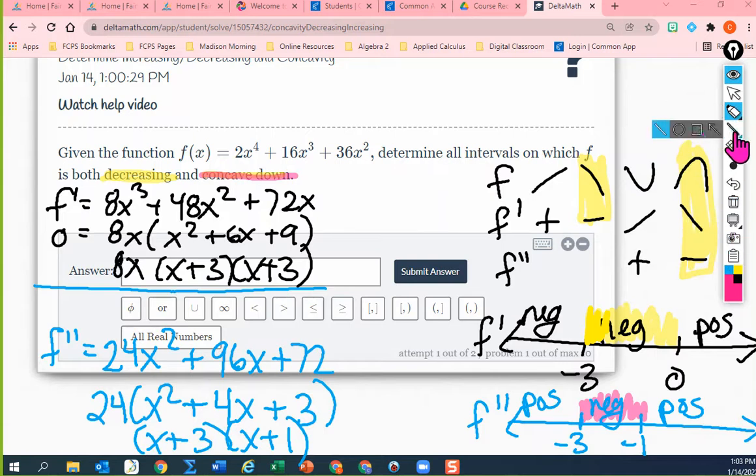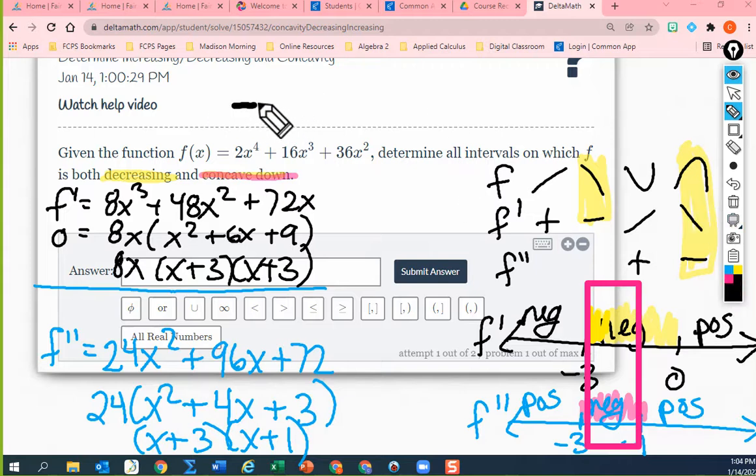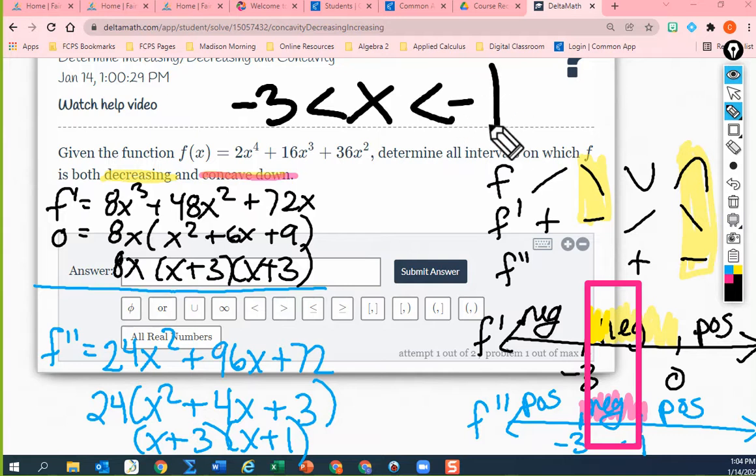These two things overlap right here. And so it would be negative 3 to negative 1. So your answer would be between negative 3 and negative 1.